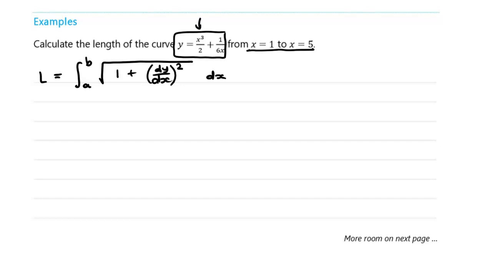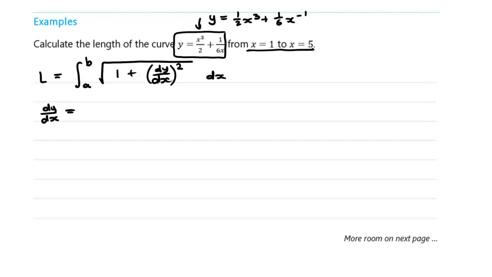So to be able to do this, we need to know what dy/dx is. So starting with this, we're going to differentiate with respect to x. So that means dy/dx, well, this could have been written as, we could have had a half x cubed plus 1 over 6 x to the negative 1. I think that'll make life easier.